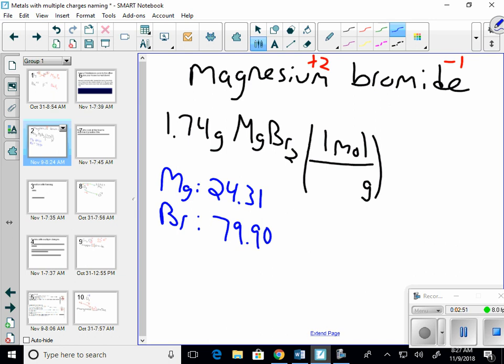When we look at that formula of MgBr2, how many magnesiums are in that formula? 1, right? How many bromines are in that formula? 2. We need to multiply this bromine number by 2. So then we can get our actual total amount of MgBr2.